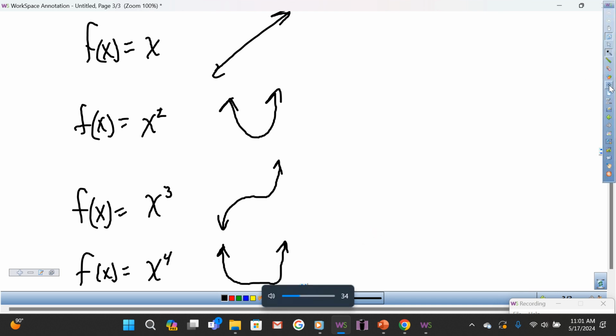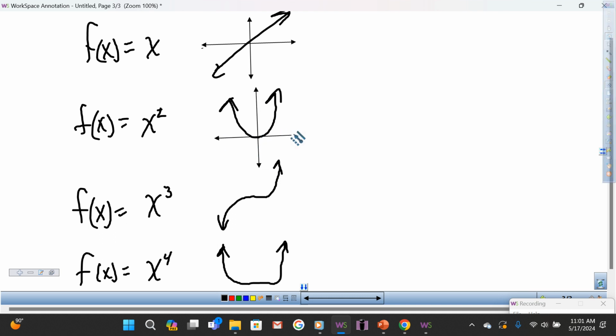Look up, please, so you don't miss it. Let me show you where we're at in the coordinate plane. This is my coordinate plane. Here's this one, here's this one, here's this one. Let me pause the music.